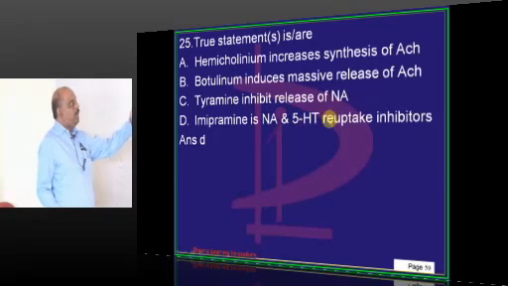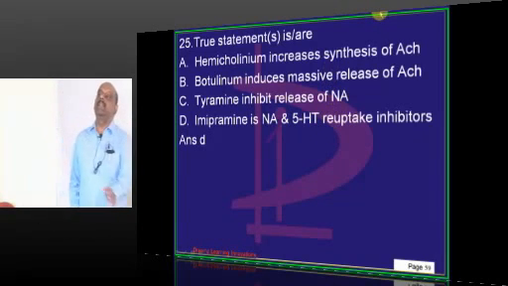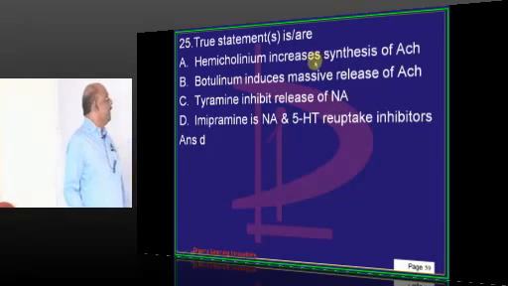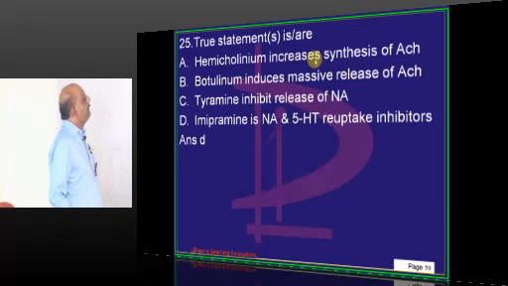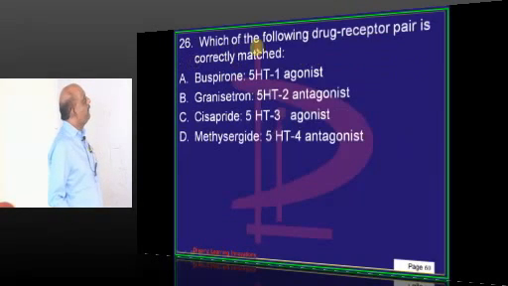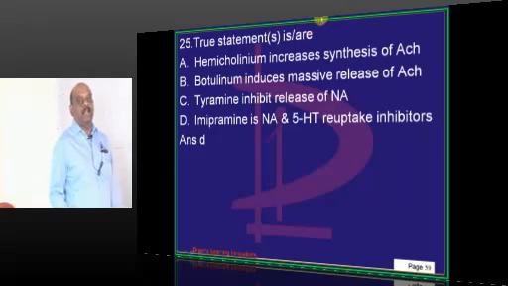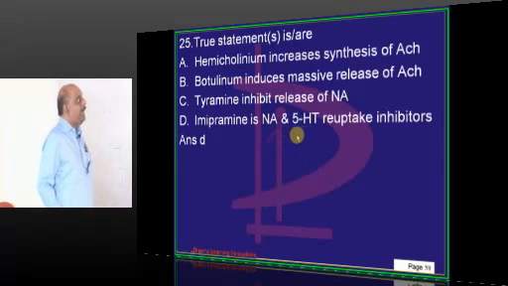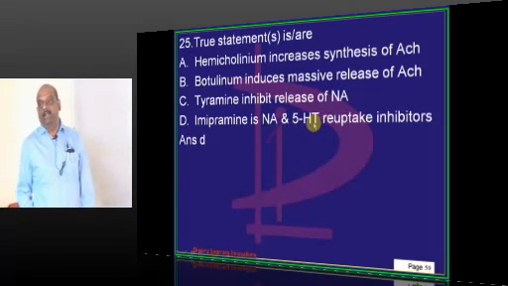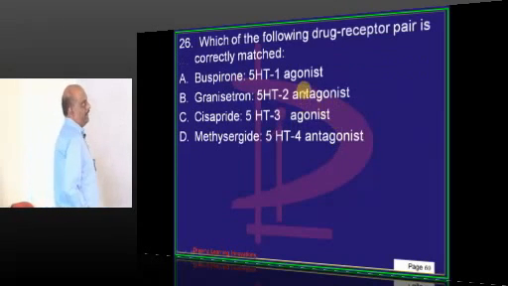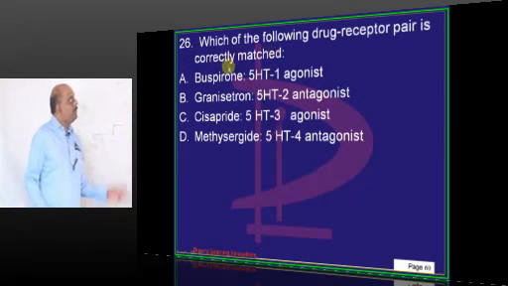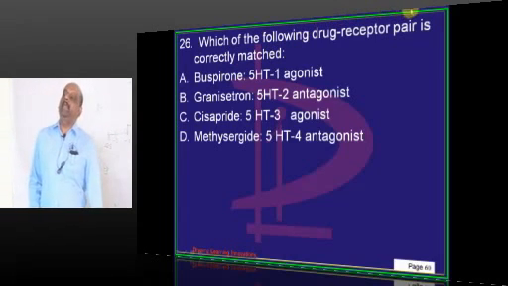Imipramine is a norepinephrine and 5-HT reuptake inhibitor, that is the point here. In addition to being a tricyclic antidepressant, its mechanism is to act as a norepinephrine and 5-HT reuptake inhibitor. Then, which drug pair is properly matched?